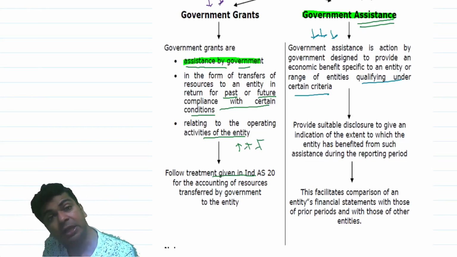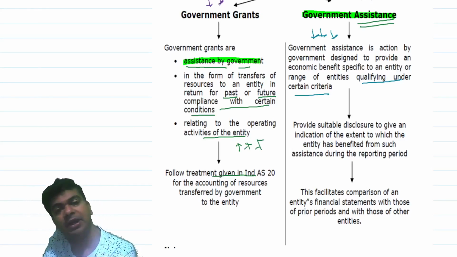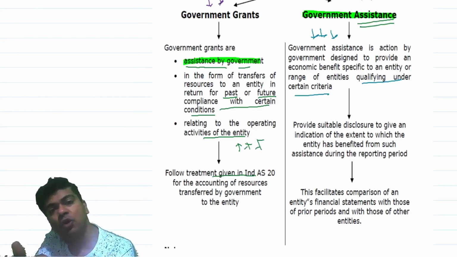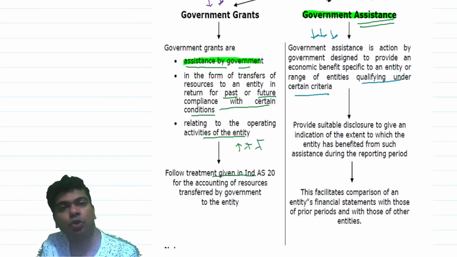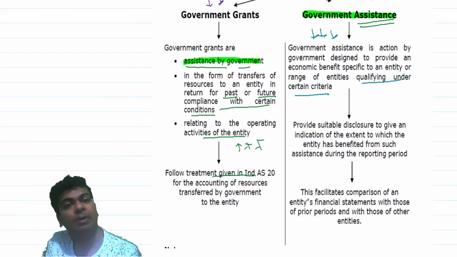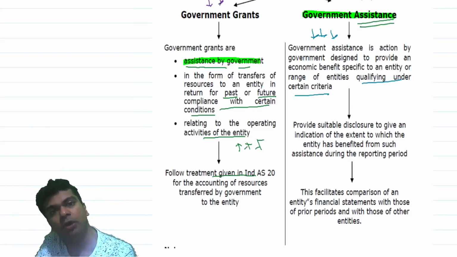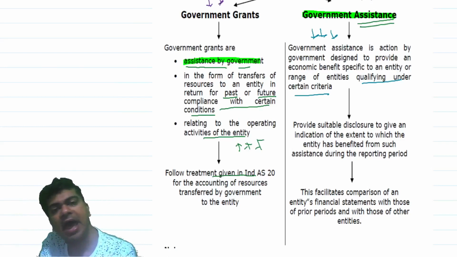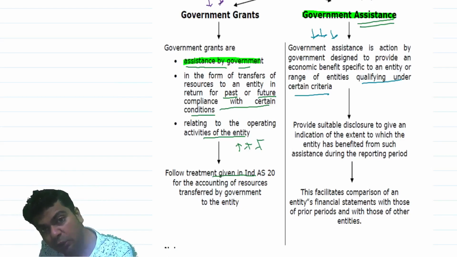But what distinguishes a government grant and government assistance is, in government grant there is a transfer of resources, while here there is no transfer of resources. Because of that custom duty, if I am a toy manufacturer in India, I have got benefited. But how much benefit I really got, that you cannot accurately predict.